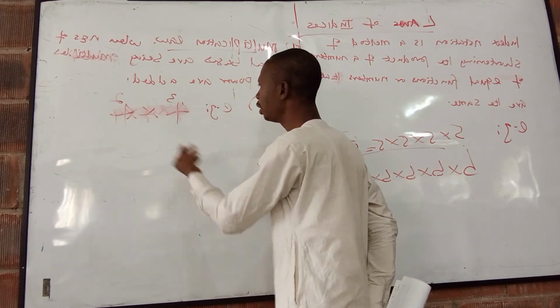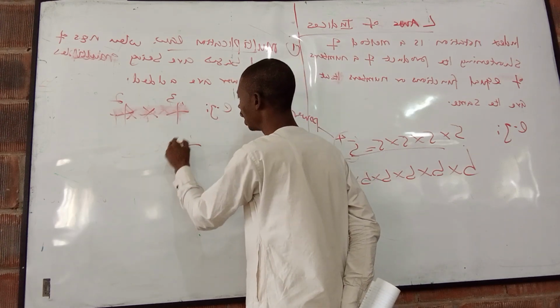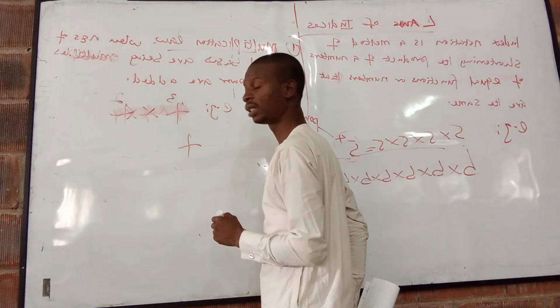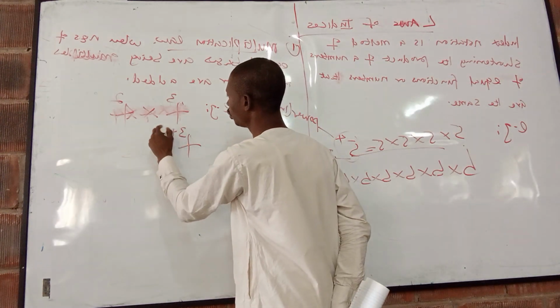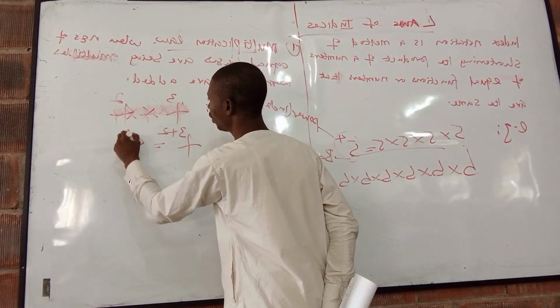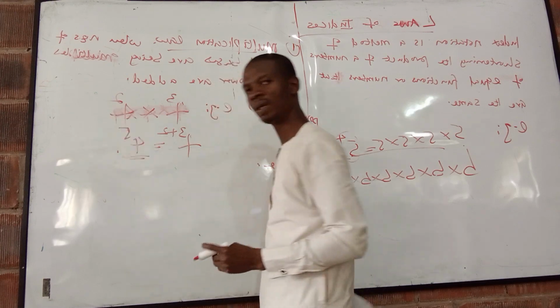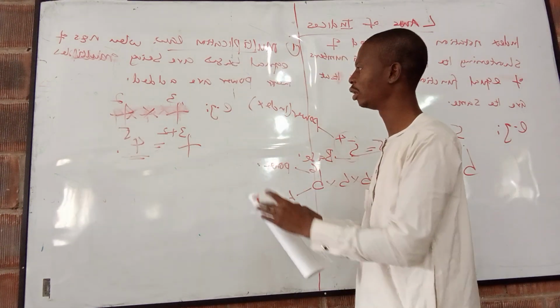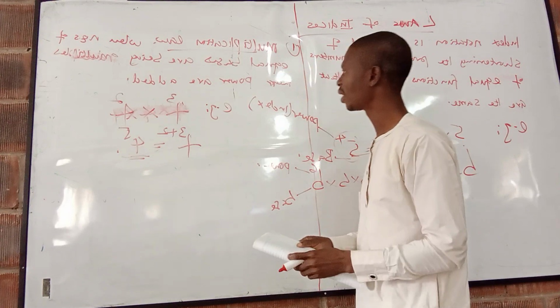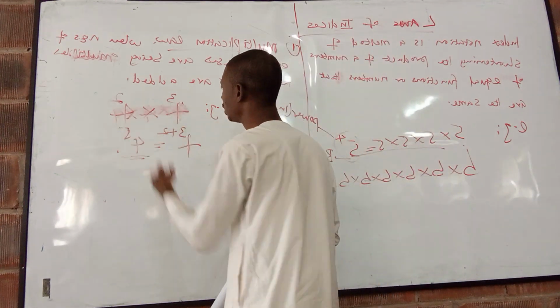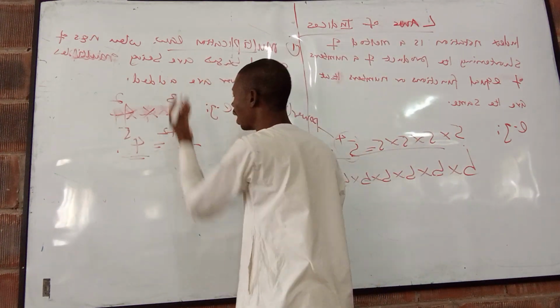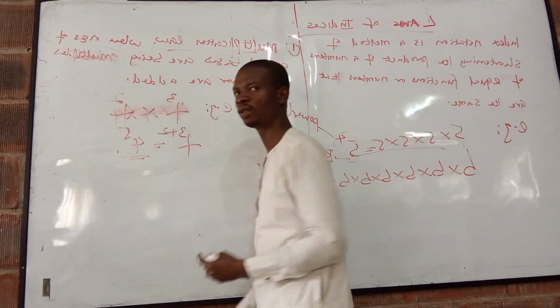The law of multiplication is telling us that we should take the one base, 4, and say 3 plus 2, equals 4 raised to the power 5. That is what the law of multiplication is telling us: so far they have the common base, their powers, their indices, are added together.